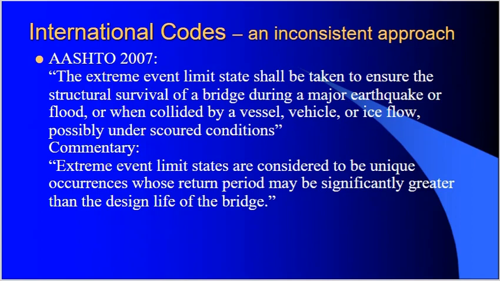And it says in the commentary that the extreme event limit states are considered to be unique occurrences whose return period may be significantly greater than the design life of the bridge. So they do recognise an extreme event limit state as being something different to the standard ultimate limit state.